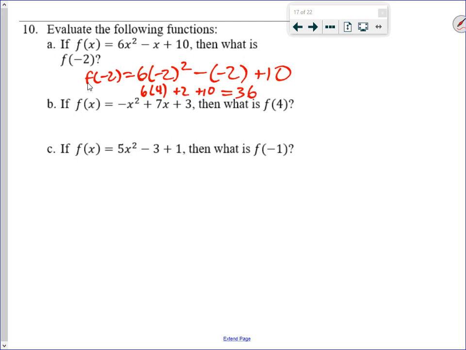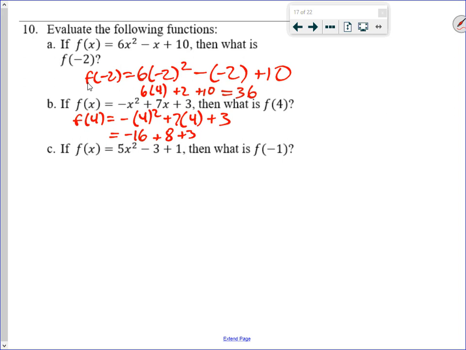All right, f of 4 is then going to be negative 4 squared. Now, one of the key things, especially if you're using a calculator or even Desmos, is when you sub in for x, put what you're subbing in parentheses. Because this will be negative 16, because of order of operations, you do the square, then multiply by negative 1, plus 8 plus 3.